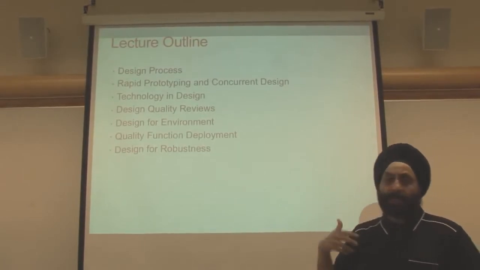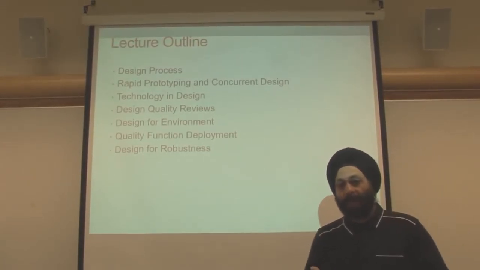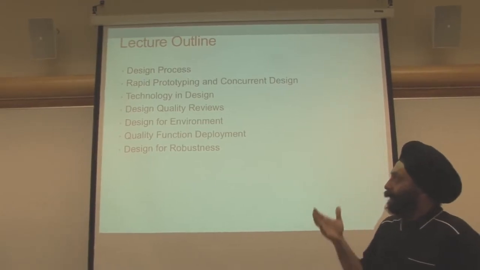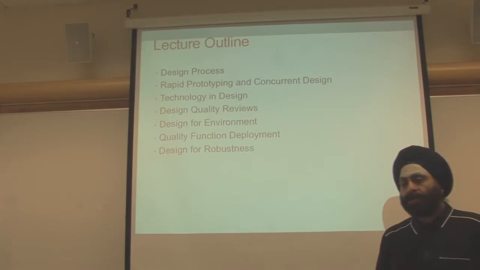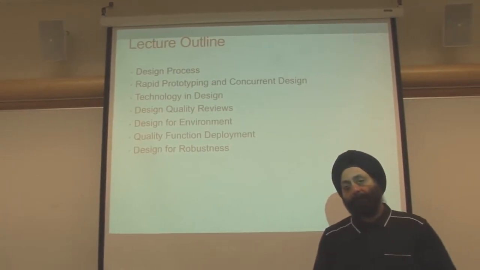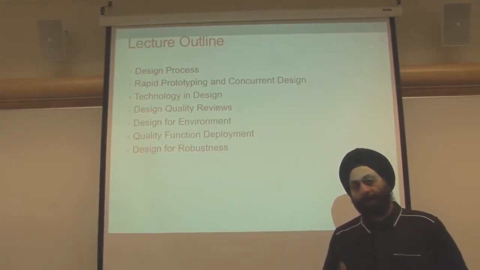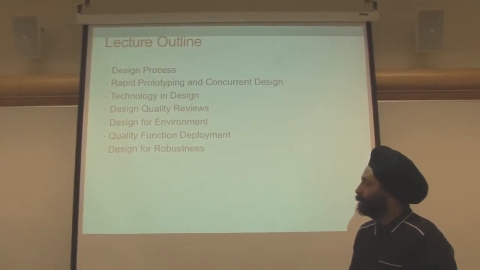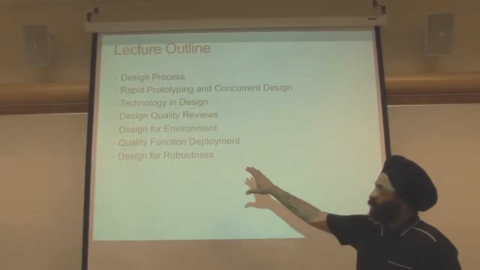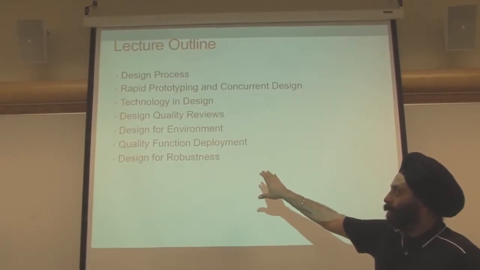Look into the various technologies that are used in design of products, how design quality reviews are conducted, then also address the matter of design for environment, sustainability related to design, eco-design, in other words. Then look at some of the tools associated with product design.